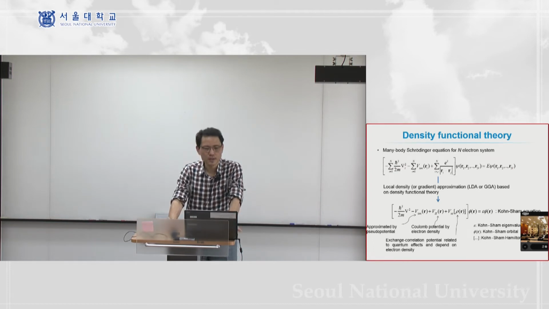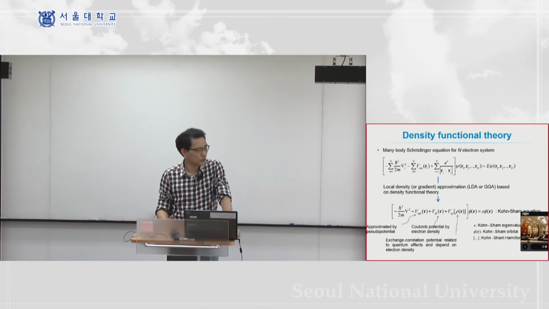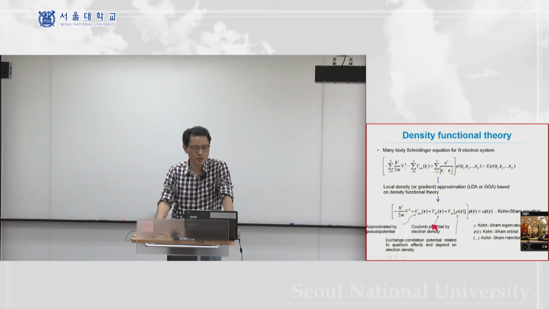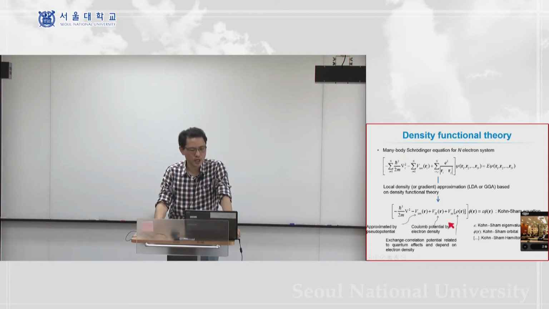Since this many-body Schrödinger equation is so difficult to calculate, within density functional theory we apply the local density approximation or gradient approximations, GGA, and we simplify this many-body equation into much simpler one-body Kohn-Sham equations, and this is what we are solving. As I mentioned in the beginning, there are three parts: the ionic part, the Hartree part, and the exchange correlation part.